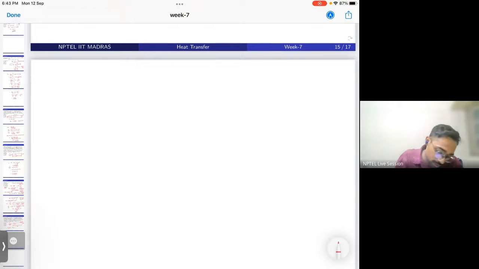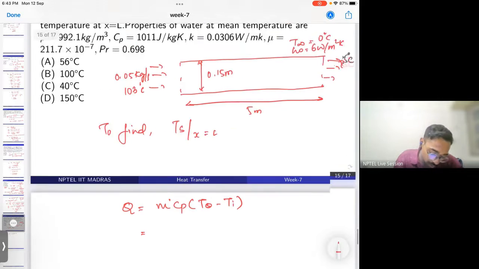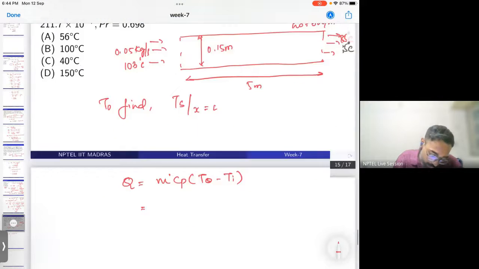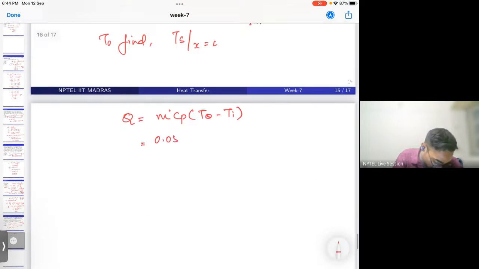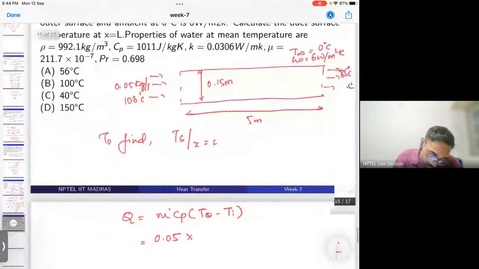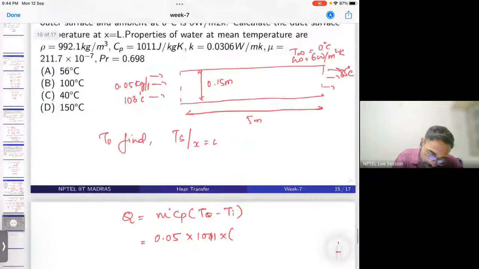So our basic expression is Q equal to m dot Cp (T_o minus T_i). So let's see how much will be the heat loss from the air. That is, m dot is given 0.05, Cp is given, and the temperature is 85.